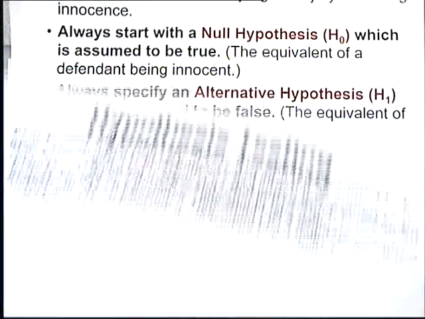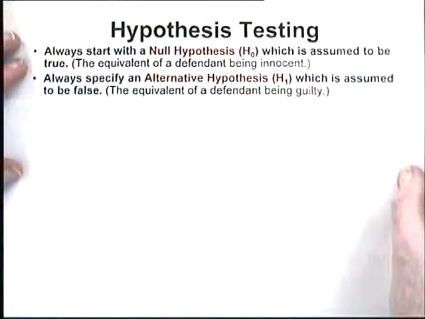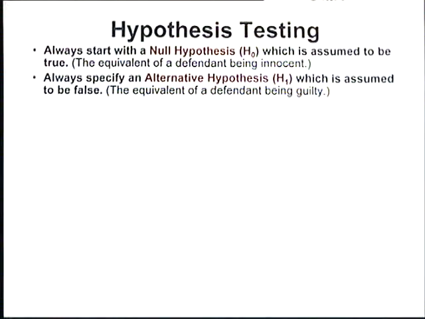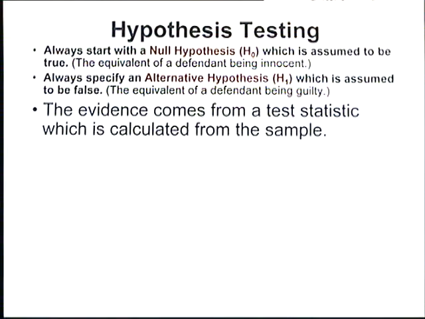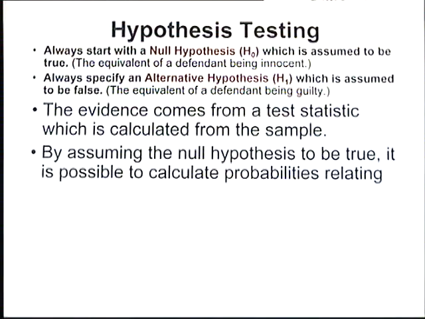So, in a court case, the evidence comes from the prosecution, and you have the defence as well. Our evidence will come from a test statistic, which is calculated from the sample. And we will use that as our evidence.